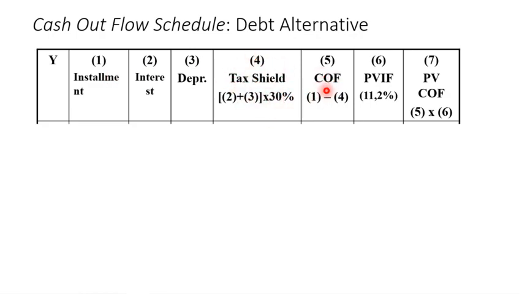And the cash outflow that occurred in this schedule is column 1 minus column 4. Here is the cash outflow, and here is the discount factor during the years. So this is the discount factor of the cash outflow.